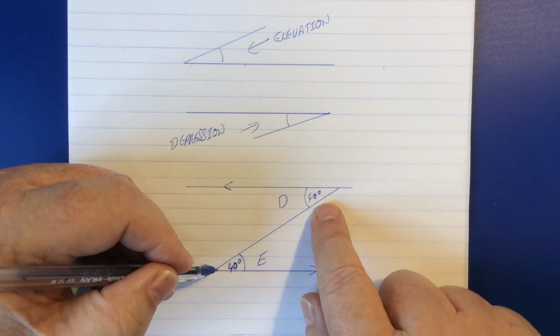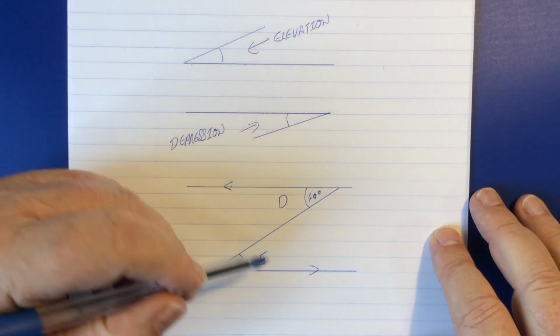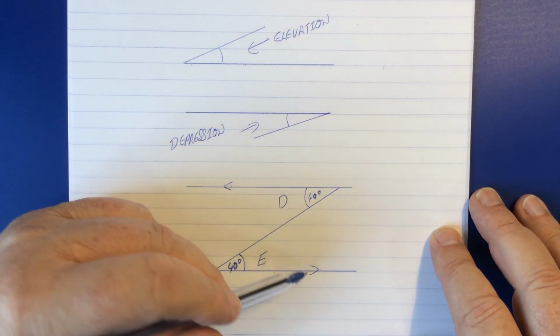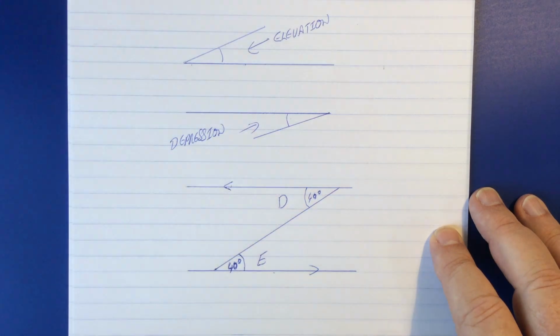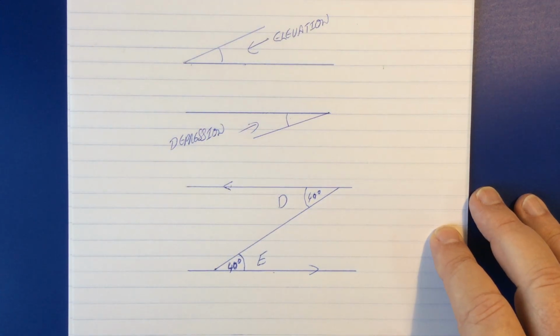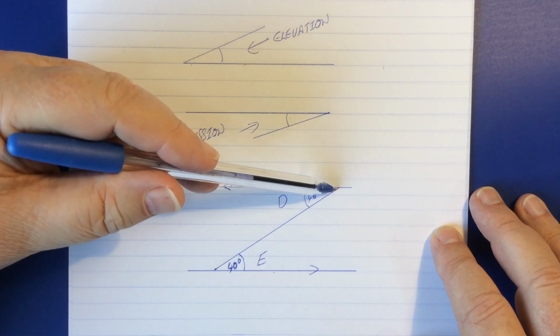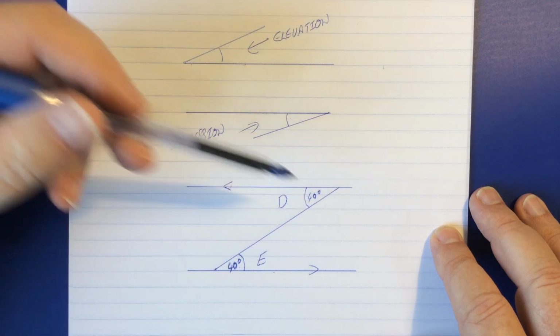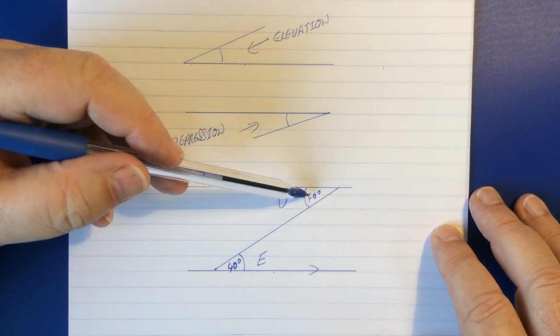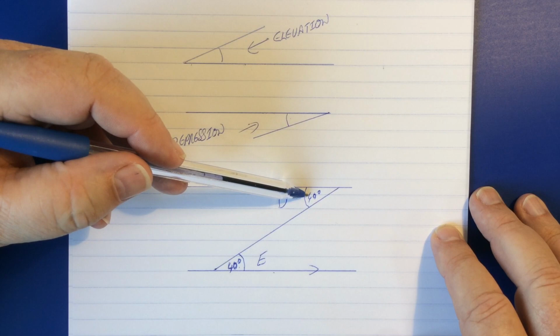So 40 degrees, 40 degrees. Provided these lines are parallel, and these little arrows here mean that these lines are parallel. Okay, so that's something that's handy to know. Where you have a line joining two parallel lines like this, the angle of elevation will equal the angle of depression, so you can work it out fairly simply.